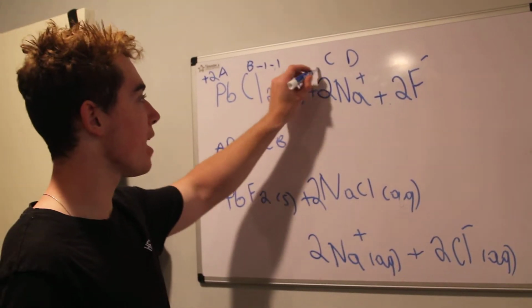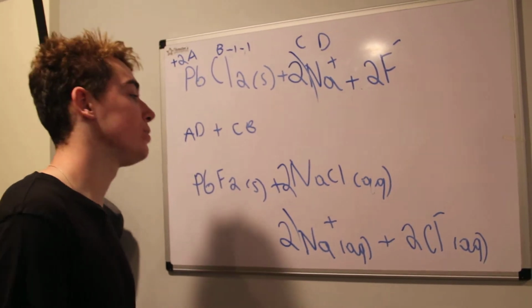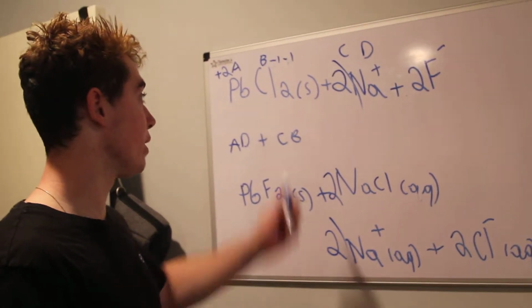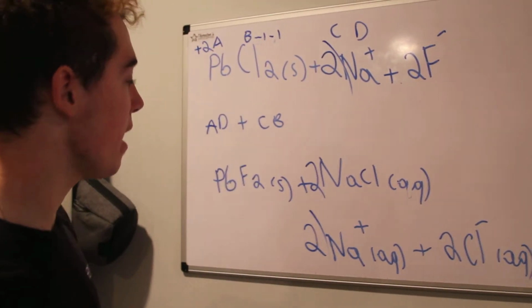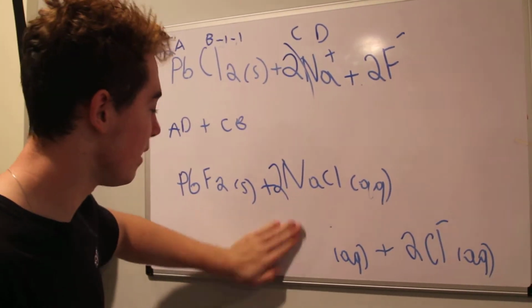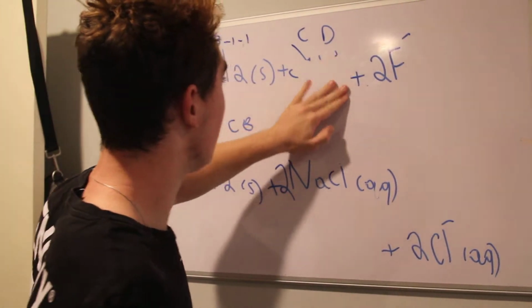The Na would cancel out on both sides, and that's the only thing that cancels out, because the chlorine is connected to the lead here and we can't break it apart. Therefore, the Na is gone on both sides.